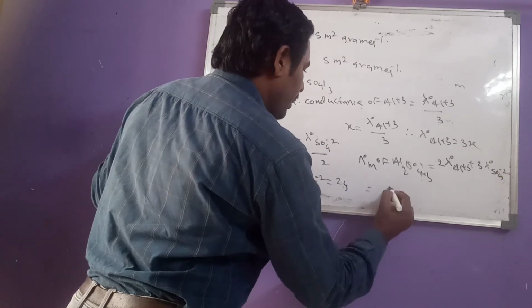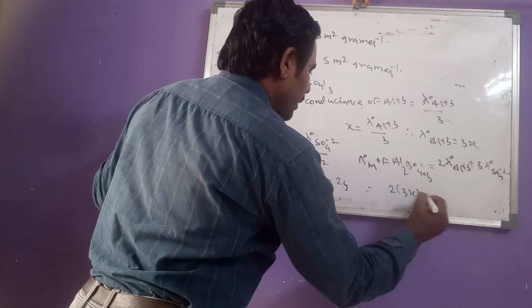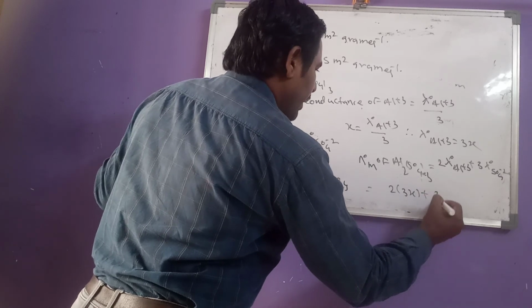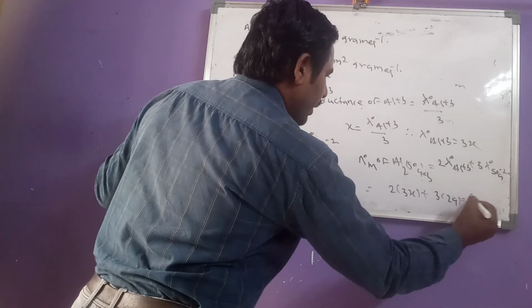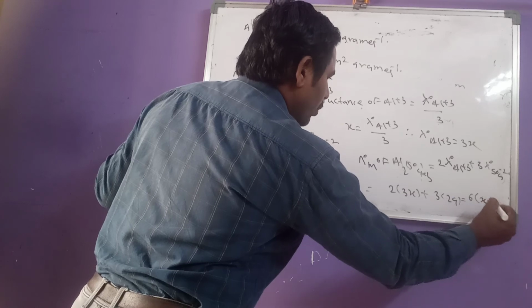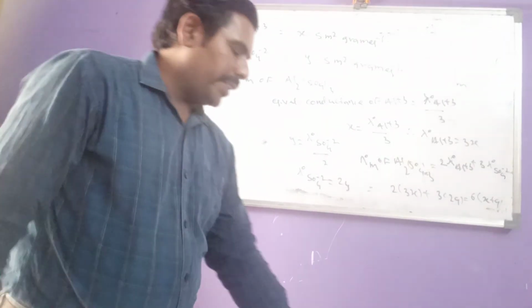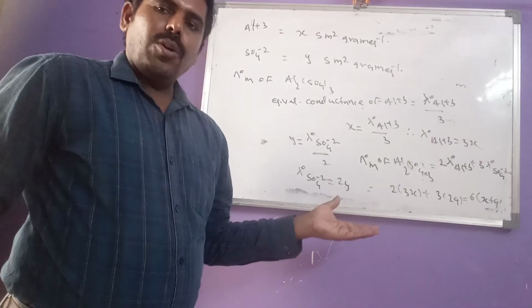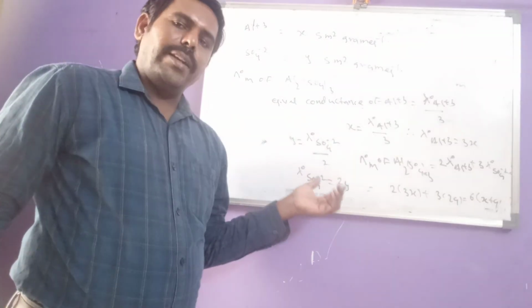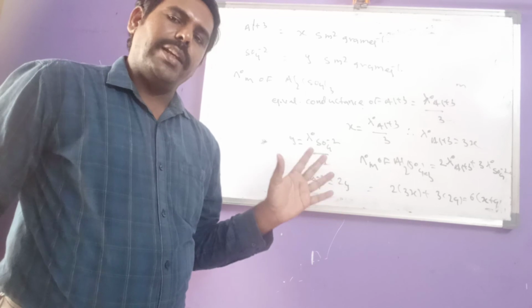That means here 2 into 3x plus 3 into 2y. That means we get 6 into (x plus y). So like this we need to calculate that molar conductance at infinite dilution of Al2(SO4)3.